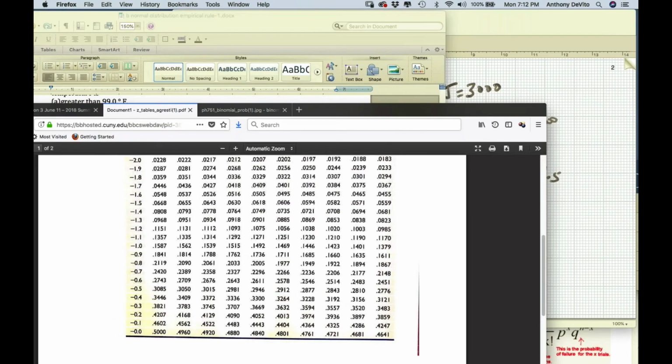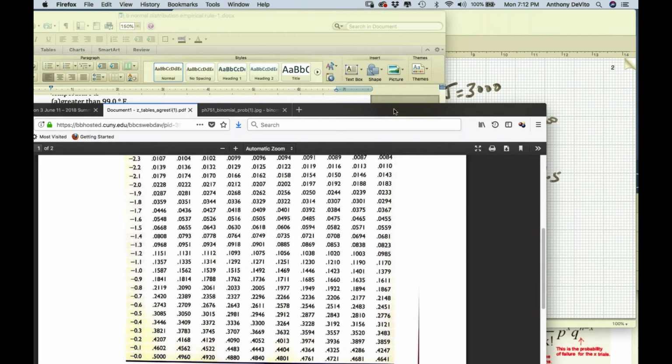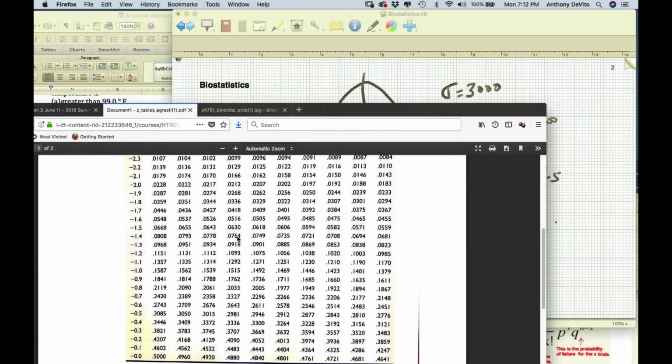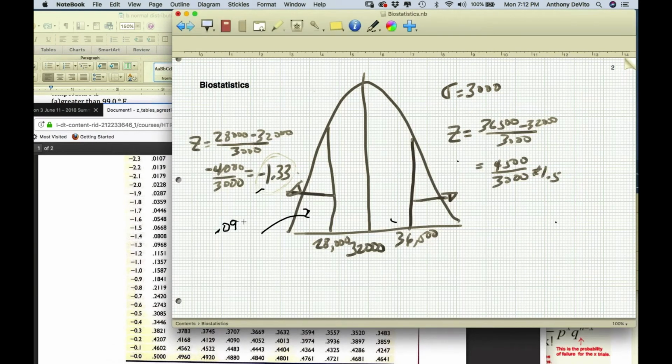Okay, here's our negative 1.33, 1.3 and 0.03, that represents 0.0918. That's the proportion that we're looking at there. Or in other words, 9.18%.